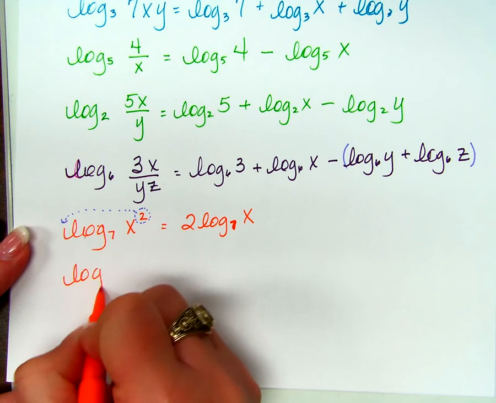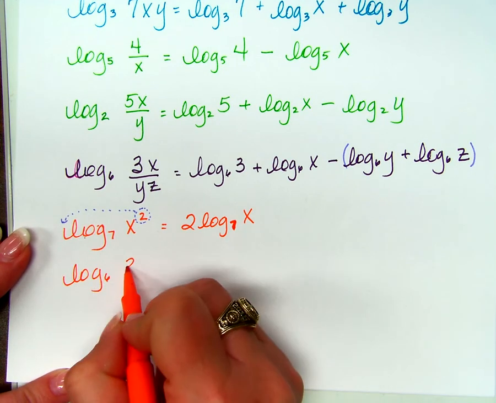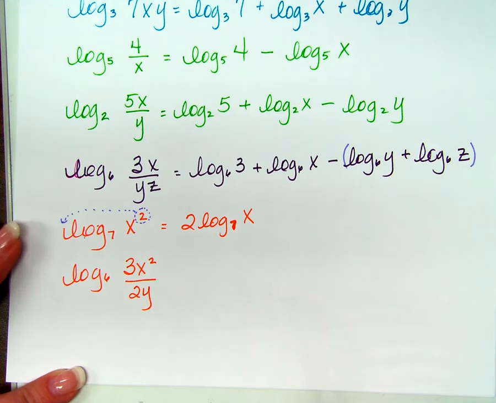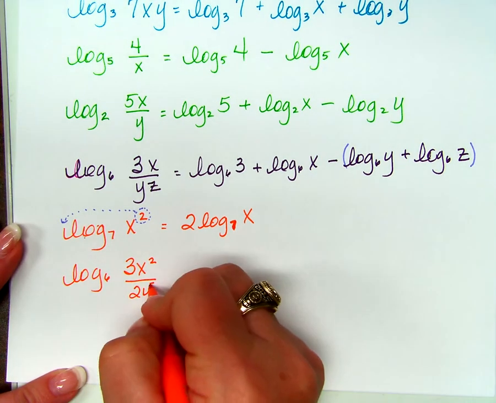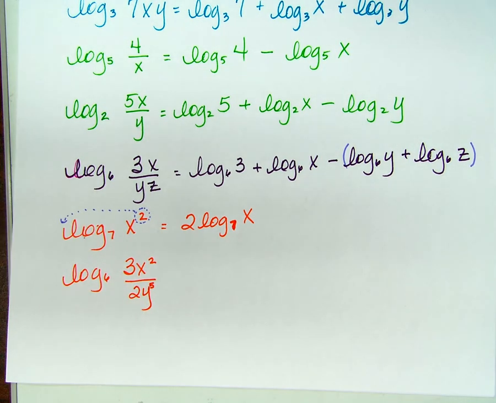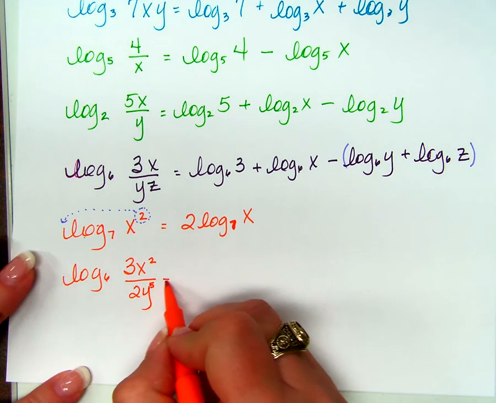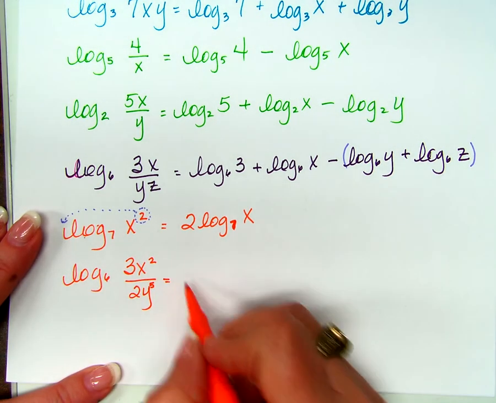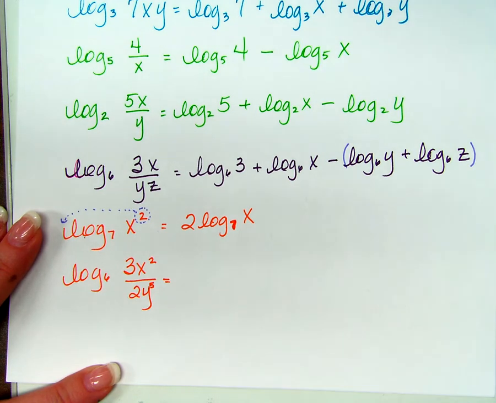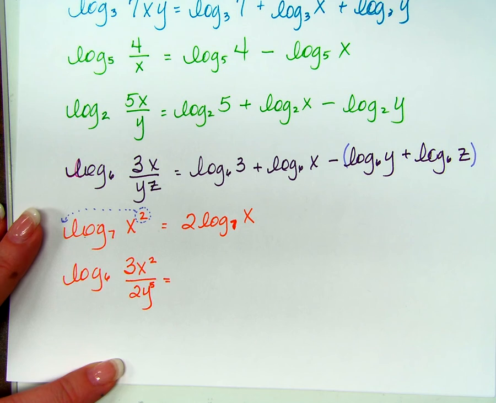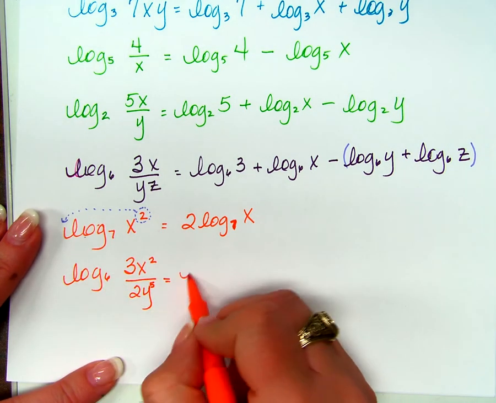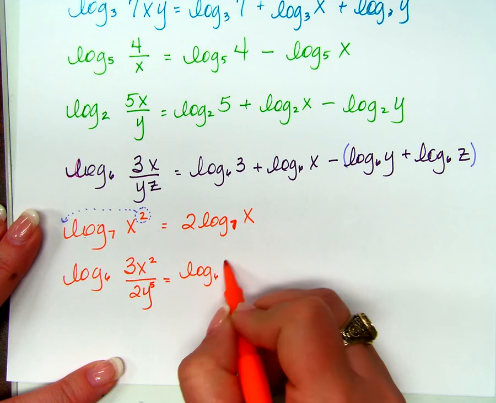So what if we had log base 6 of 3x squared over 2y to the 5th? What would we do then? Where did you get the 10? We'll start here, first of all. Log base 6 of 3.